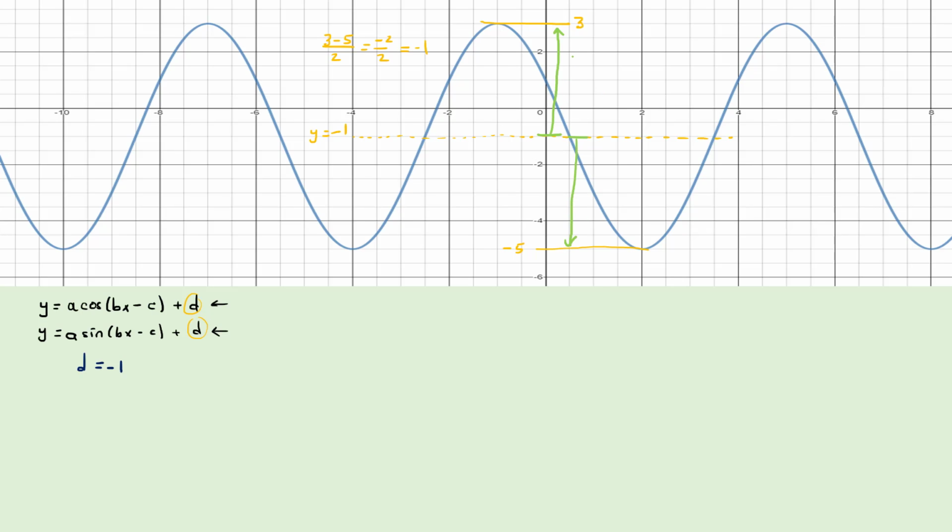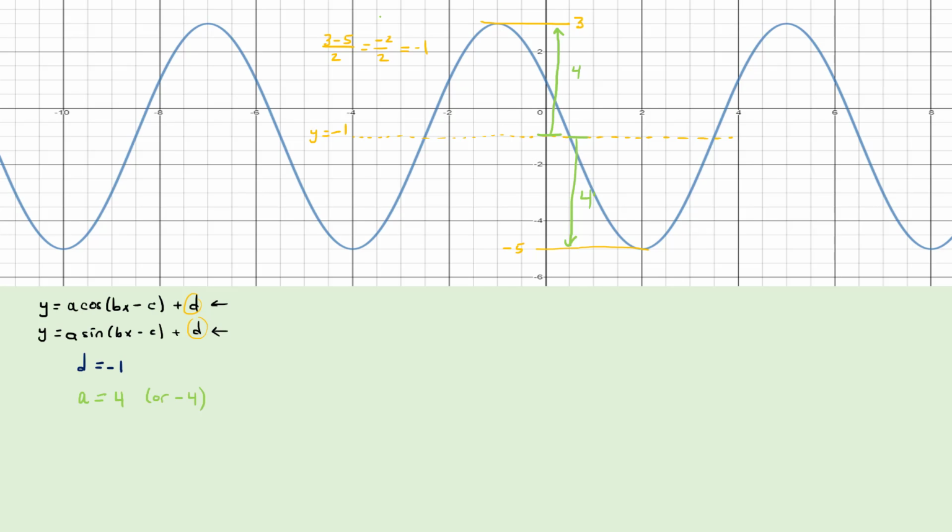From negative 1 up to 3 is 4 units, or from negative 1 down to negative 5 is 4 units. So a is 4, unless we want to do a flip, and then a would be negative 4. That takes care of the y values.